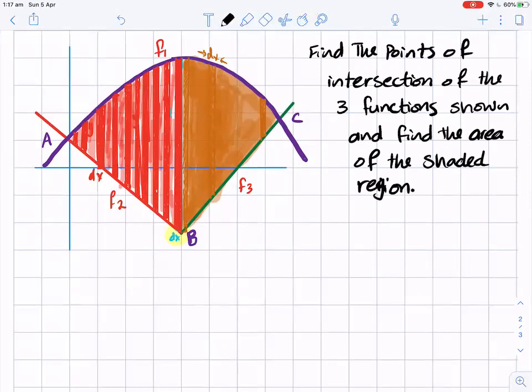So we need to find the area of the shaded area, which is the red and the brown part.